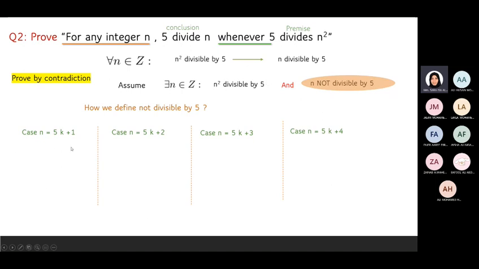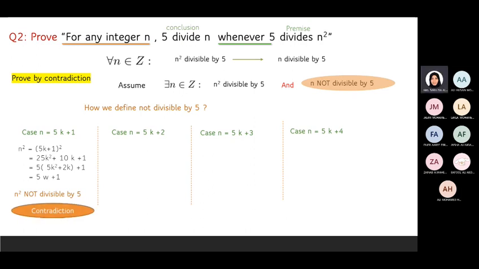So I will calculate n square to see whether it is divisible by 5 or not, similar to what we did previously. We find it is not divisible by 5. So this is a contradiction. Did I find n? No, n is not under this category.